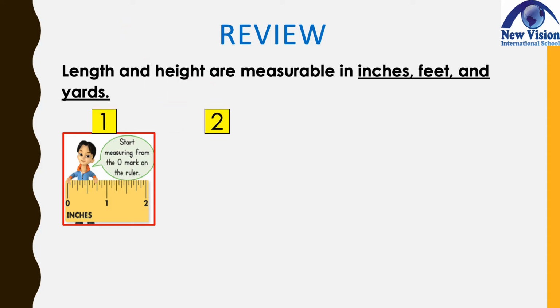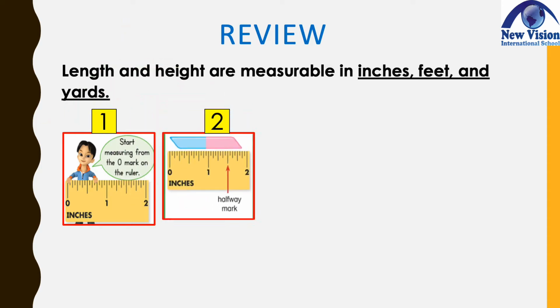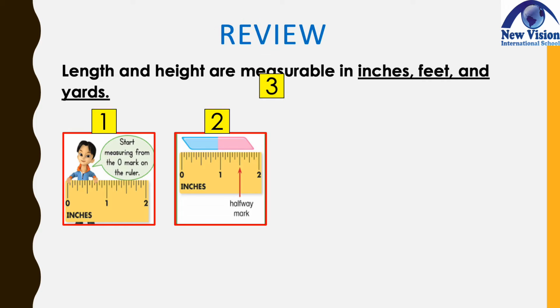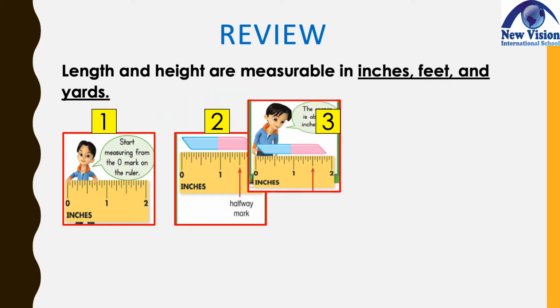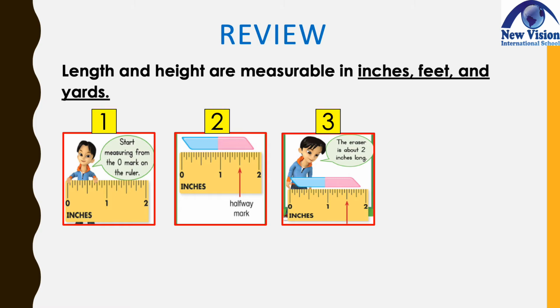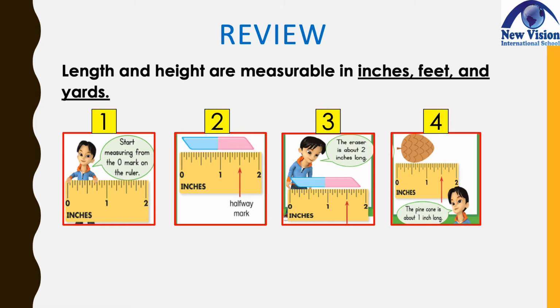Number 2, look for the halfway mark. Number 3, if the object is longer than the halfway mark, use the greater number. And number 4, the last one, if the object is shorter than the halfway mark, use the smaller number.